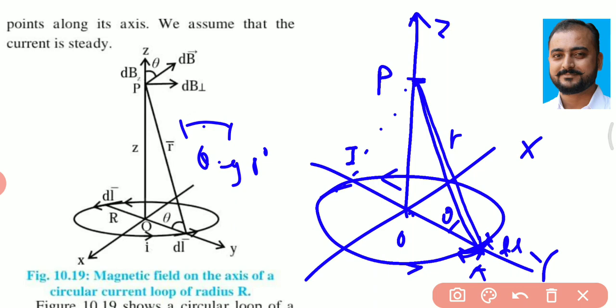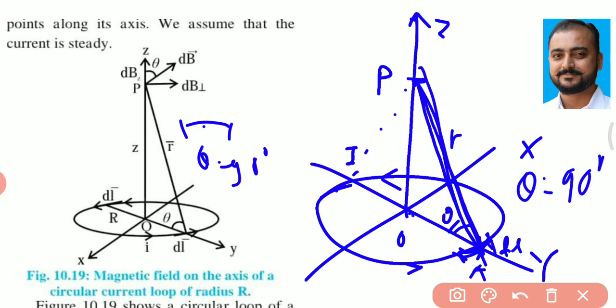Simple. What I am saying, as shown in this figure, you have to first clear your concept. The small element dl and this line joining r make the angle theta, which is nothing but 90 degrees.